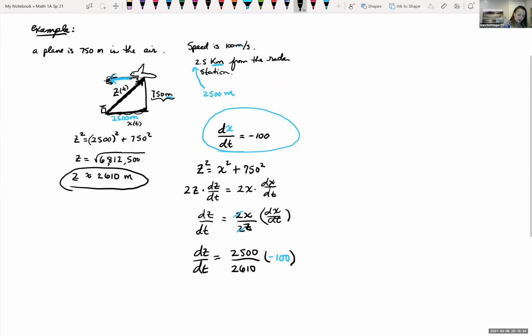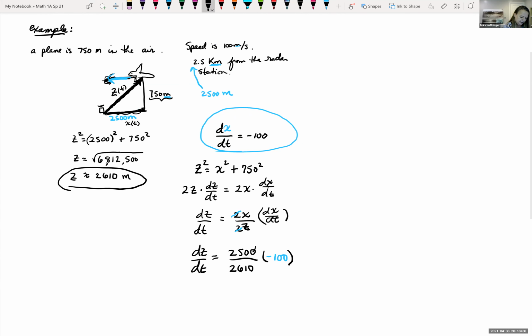And our dx dt, the rate of change of X, is equal to -100. And so we can go in here and we can simplify. I know I can at least cancel out one of those zeros. And the rate of change of this distance of Z initially is, so let's just plug it in.